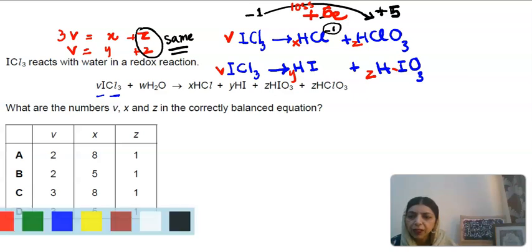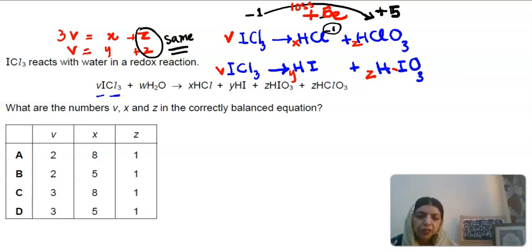Now in a similar way, come to the second equation. You can see when you find the oxidation state of iodine, it is +3, and from +3 it is turning to -1. So what is the change? The change is -4, meaning a gain of 4 electrons. Now what is the change here?